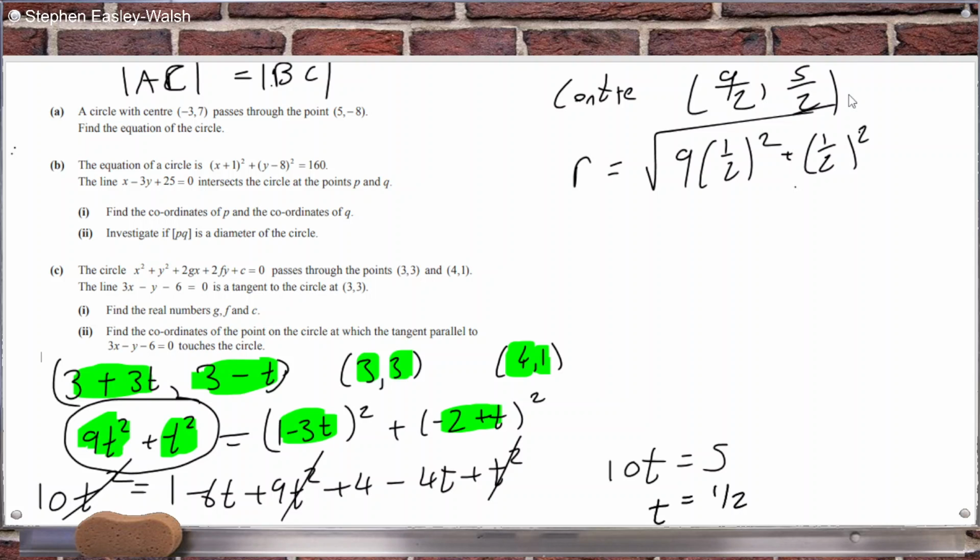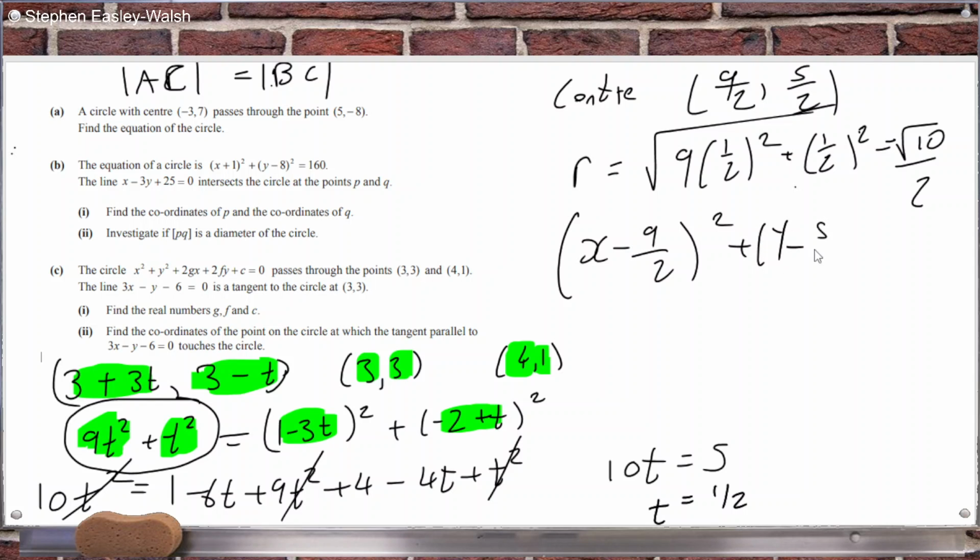So it's root 10 over 2. So it's a little bit messier than I thought, but the equation I'm getting for the circle is x minus 9 over 2 squared plus y minus 5 over 2 squared equals 5 over 2. That's what I'm getting. Okay, that's correct.